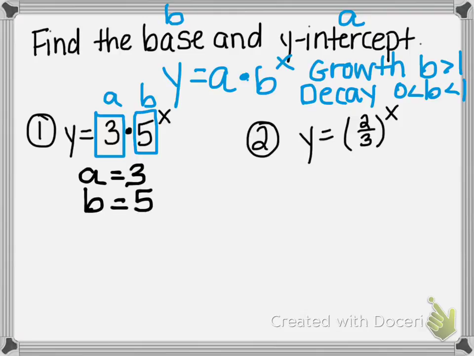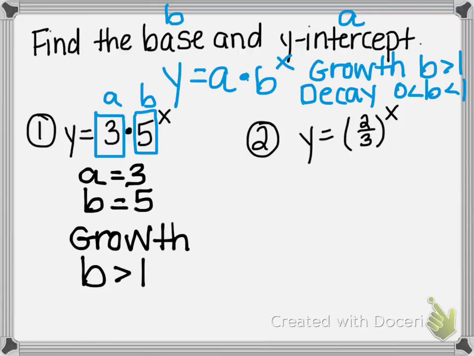Also, I want you to be able to tell me whether it's growth or decay and why it's growth or decay. So I'm always going to look at my b value. My b value is greater than 1, so I know this is growth. And if I ever ask you to explain, all you simply have to tell me is that my b is greater than 1, or you can say 5 is greater than 1, however, if you want to be more detailed.